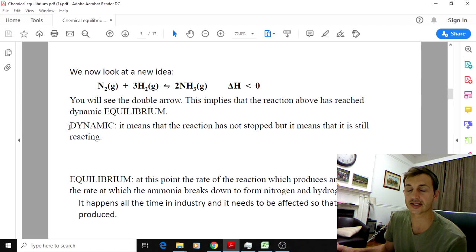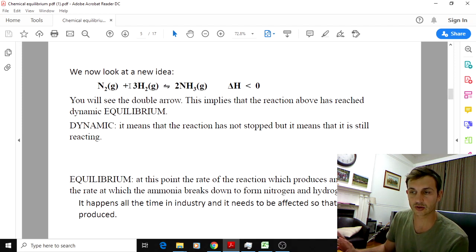What this basically means is that the rate of the forward reaction is equal to the rate of the reverse reaction. Equilibrium doesn't mean the reaction has stopped. It's still ongoing. It is just that the rate at which product is formed and the rate at which the product forms reactants again is the same.